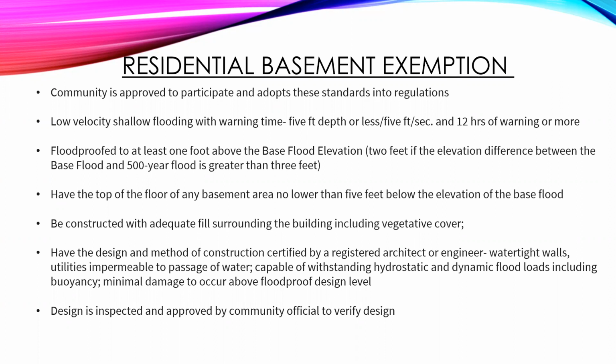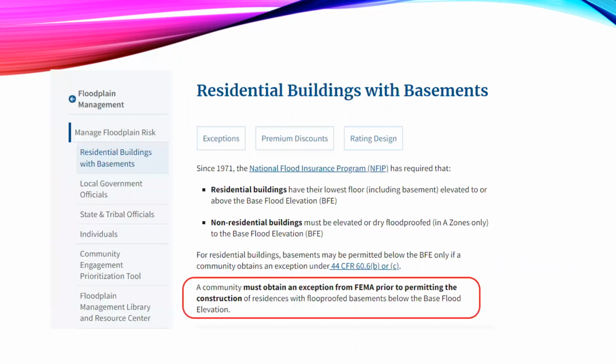And then you have to put fill around that and have vegetative cover on that. And then you have it certified by an architect or an engineer that it's watertight. And then the community official is supposed to inspect that and verify that it's designed in compliance. And so there's a separate residential basement floodproofing certificate that's different from the certificate I just showed you.